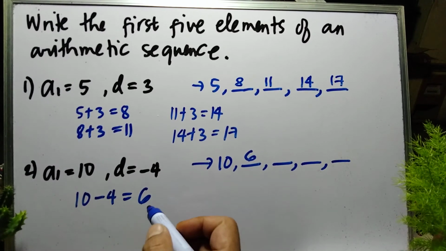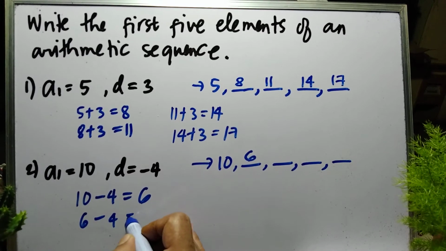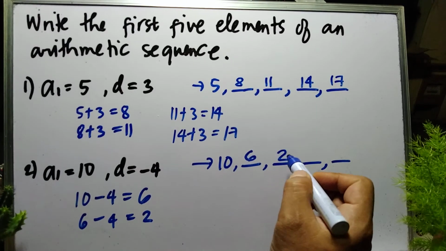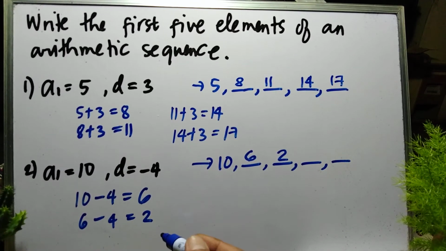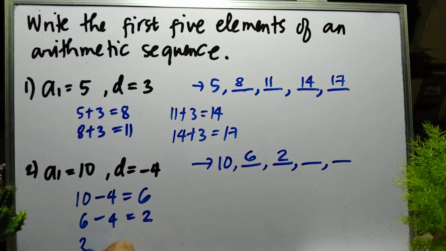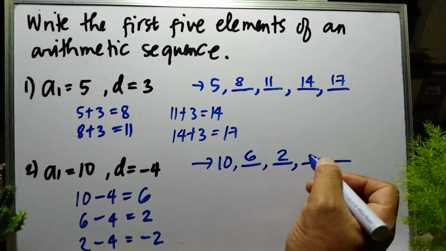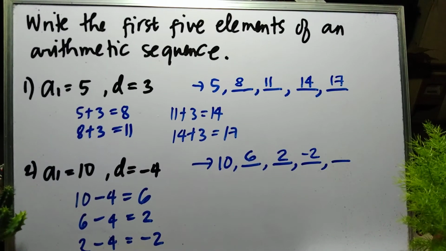Okay. Now, since your second element is 6, still you need to subtract 4. And that 6 minus 4 is equal to 2. And that would be your third element. Okay, naka-follow ba? Okay. Now, since your third element is 2, still you subtract 4, and that is negative 2. So it follows that your fourth element is negative 2. And what would be your fifth element here?